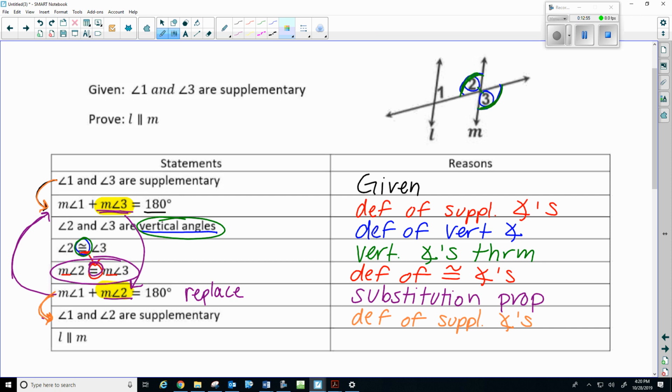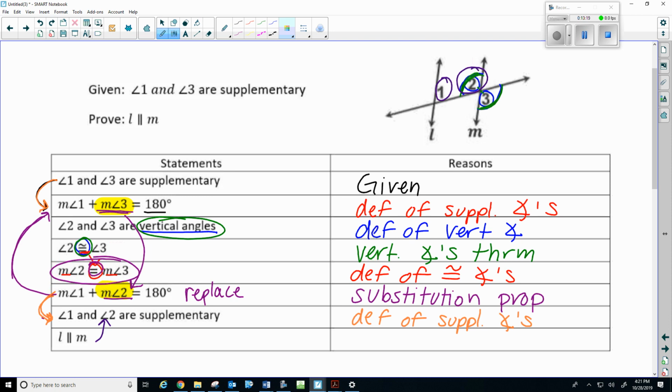And so we look up here and take a look at those two angles, angle 1 and angle 2. We have one last thing to say here, and we're proving that these two lines, L and M, are parallel. So we need to look above it and see what two angles we are talking about.